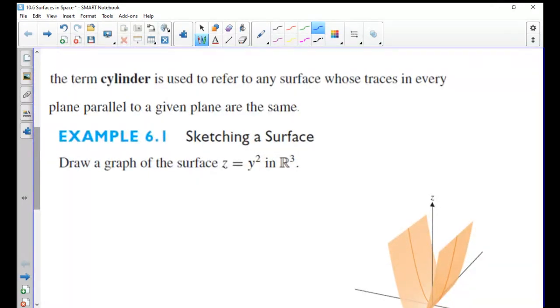Now, in the same way, if you have this equation, z equal y squared, in the plane yz, what is this shape? It's a parabola, yeah? It's a parabola. So if you graph it just in the plane yz, it's a parabola. It's actually here.